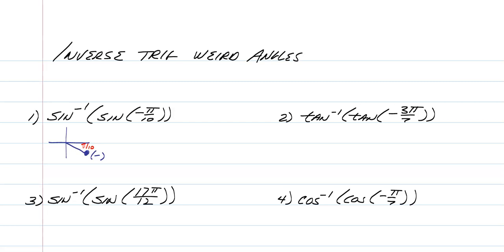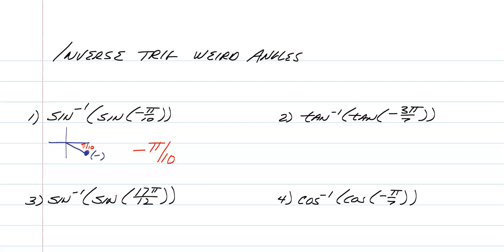So your answer to this question is going to be the negative reference angle, because that's where inverse sine is down here. So your answer is negative pi over 10. So I know you got the exact same thing. It seems pretty simple, but trust me, it's not.